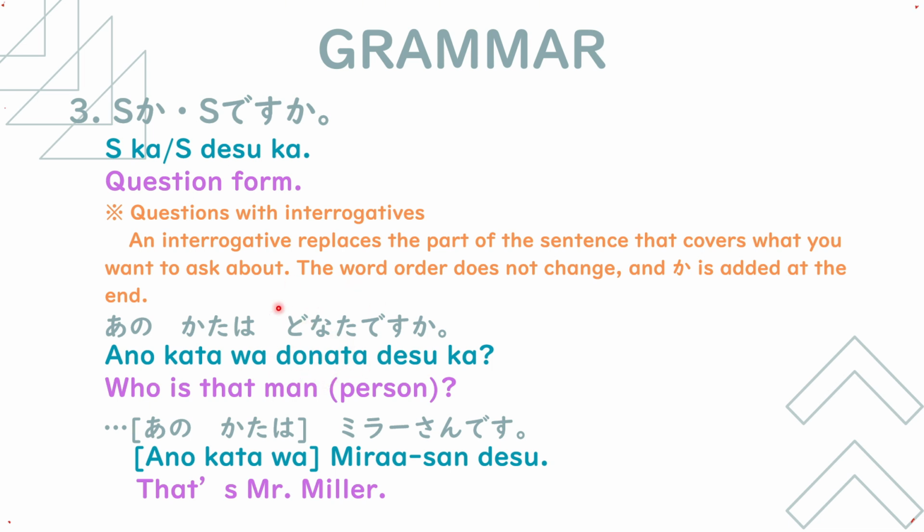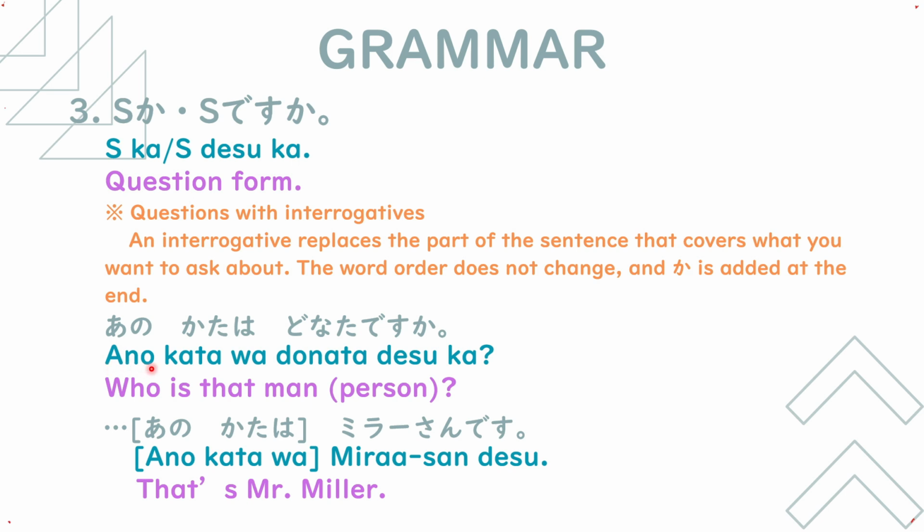But if you want to be a little bit more casual, then you can ask ano kata wa dare desu ka? Okay, so instead of noun 1 wa, noun 2 desu ka, which is a yes or no question, the noun 2 is replaced with an interrogative, which means it's replaced with a what, who, or whatever it is, the question words that we have, okay?